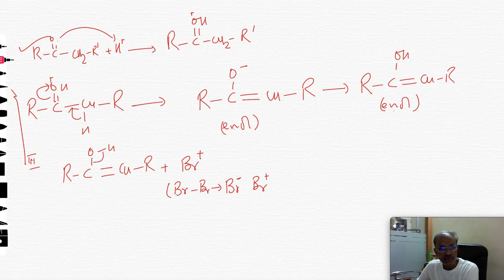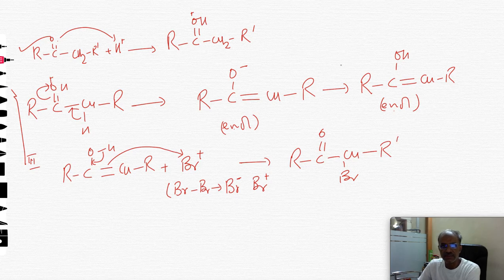Now what happens? This will go here and then this will attack the Br plus electrophile. Then R C double bond O dash CH dash Br dash R dash. Fine. I'll take this R dash, and here R dash.